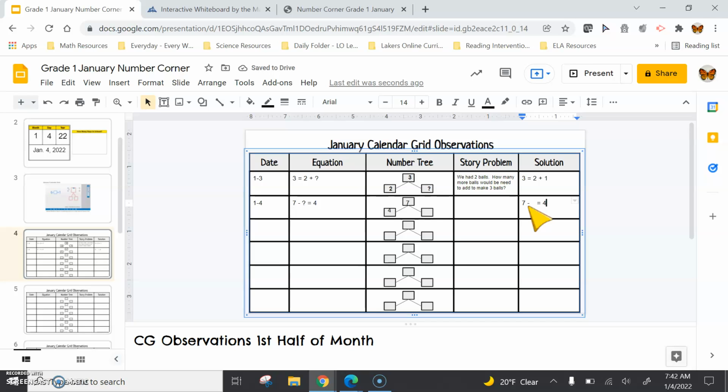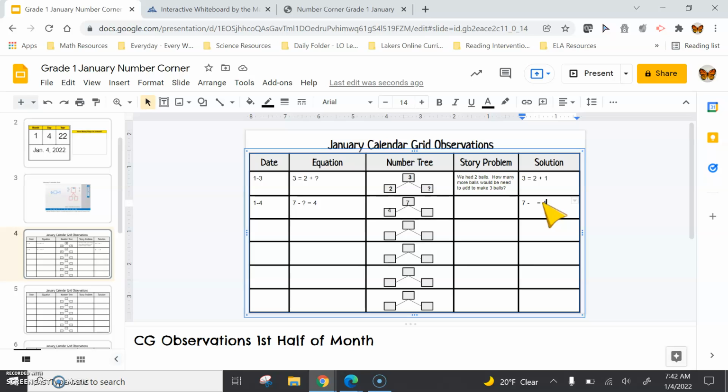So if I have 7 and I lose some and I only end up with 4, that means, let's see, if I have 7 and I take 4 away, 1, 2, 3, 4.